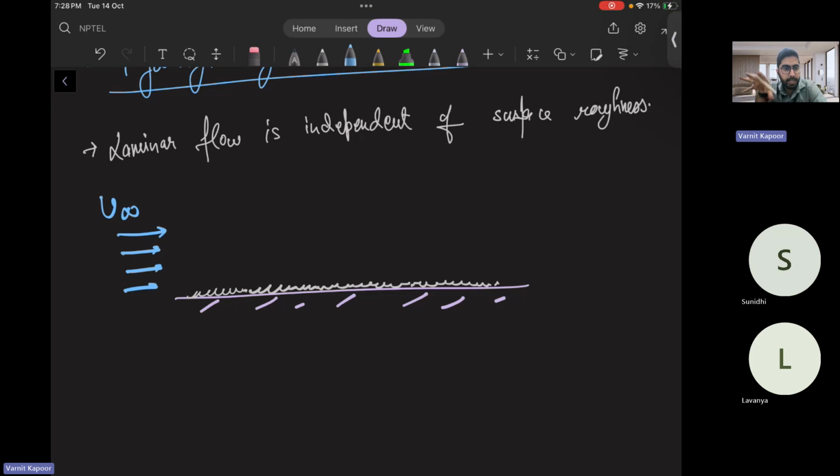The flow has an inertia effect through which it is coming with a velocity. So the flow will mostly remain laminar, although there will be a no slip condition happening. But the flow will have most of the inertia and will be moving in parallel layers once it is fully developed. So that is why it will go on in parallel layers very smoothly over any kind of surface, either rough or smooth.